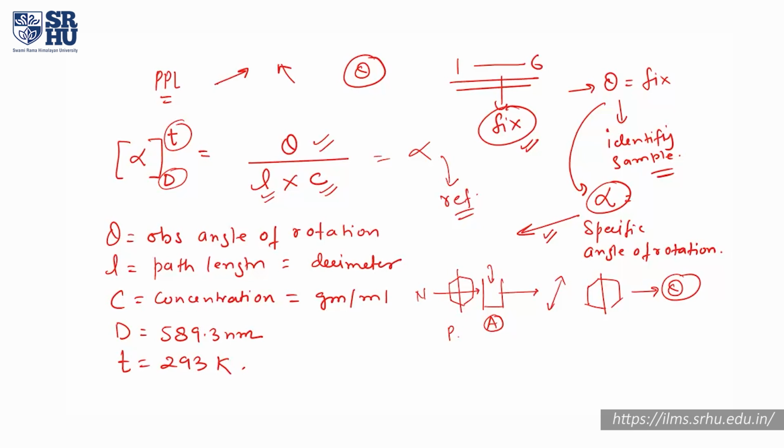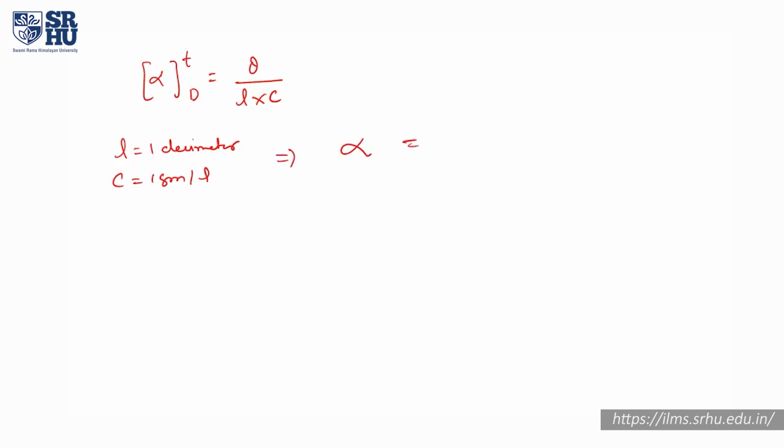Now how will you define alpha? Say you have the formula alpha t D equals theta upon L into C. Now if L is 1 decimeter, if C is 1 gram per ml, then alpha in that case will be theta. Now this is the way to define a specific angle of rotation.